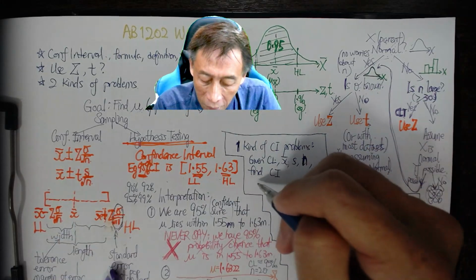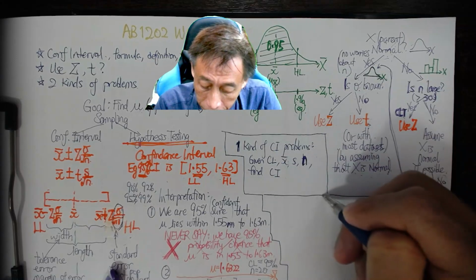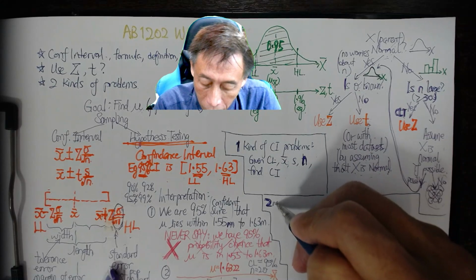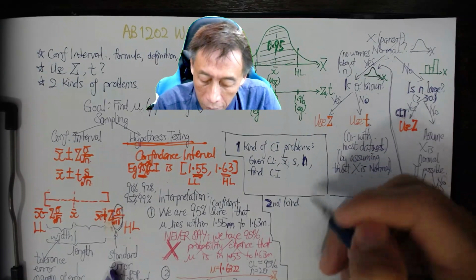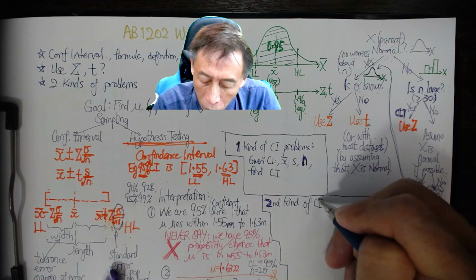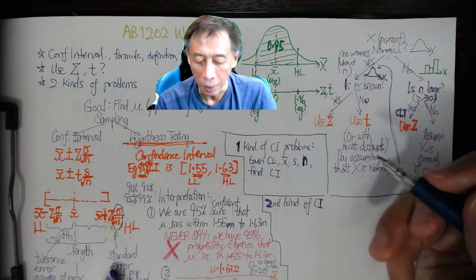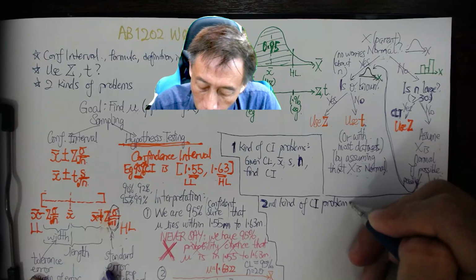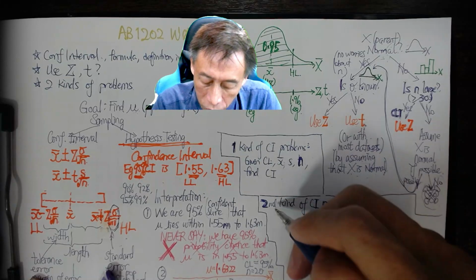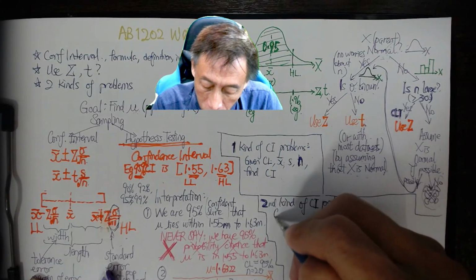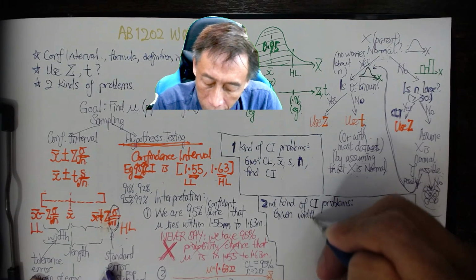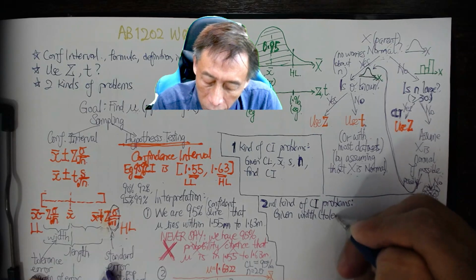The second kind of problem is more for planning purposes, and that is very realistic and also frequently encountered. It is to give the width, or in certain cases we say tolerance.